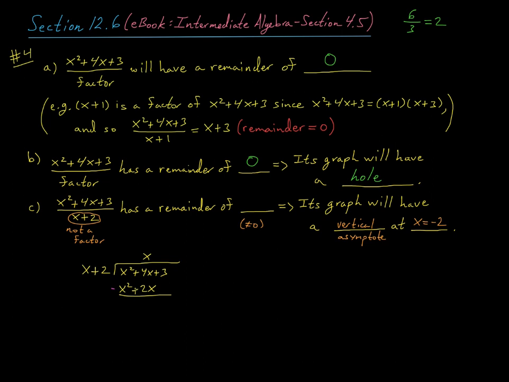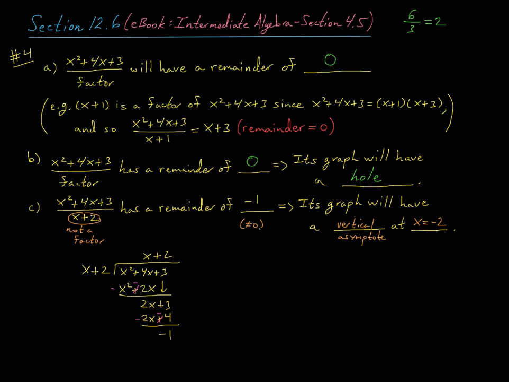So in other words, change signs and add, and that's going to give us 2x, and then carry the 3, and x goes into 2x 2 times. 2 times x is 2x, plus 2 times 2 is 4. So go ahead and change signs and add, and we get a remainder of -1.